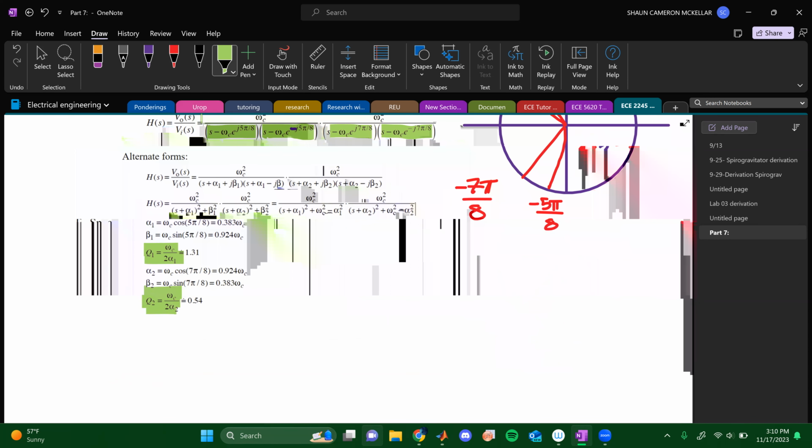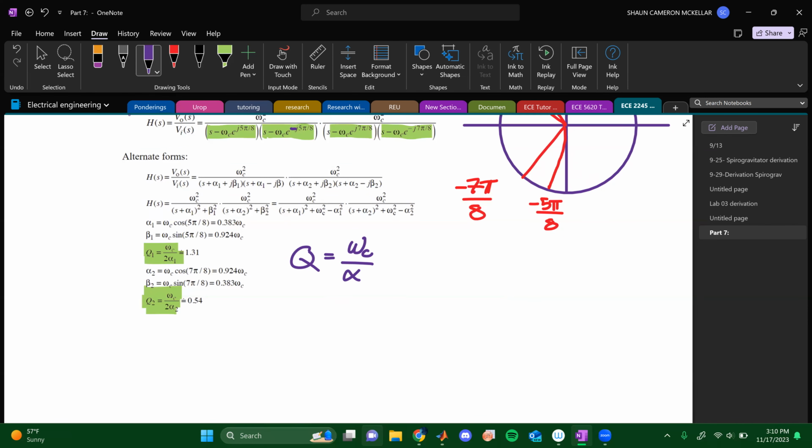I can see that generally Q is equal to omega C by alpha, where alpha, we'll come back to what alpha is later. You've actually seen alpha before, but identifying alpha inside of our function, it's the real component of the complex number.